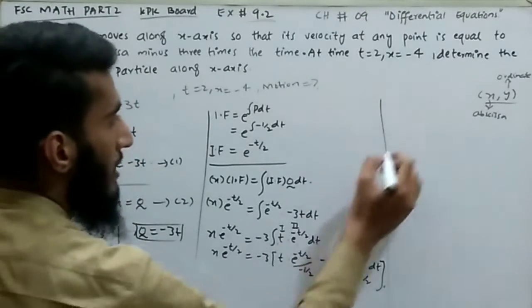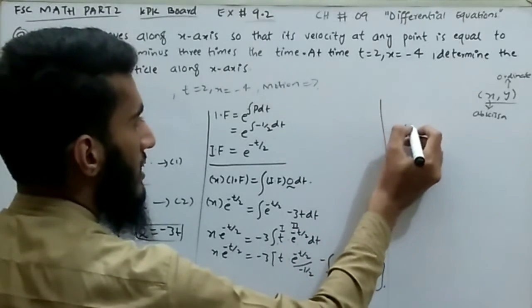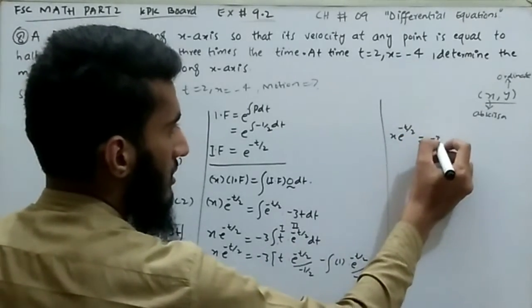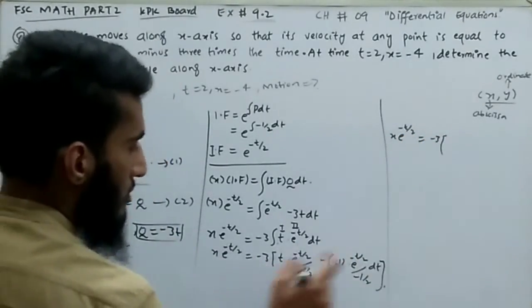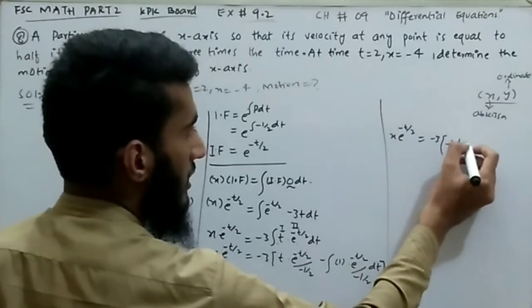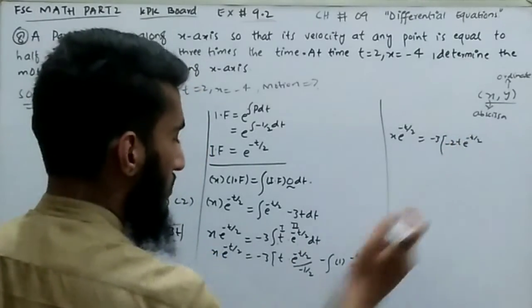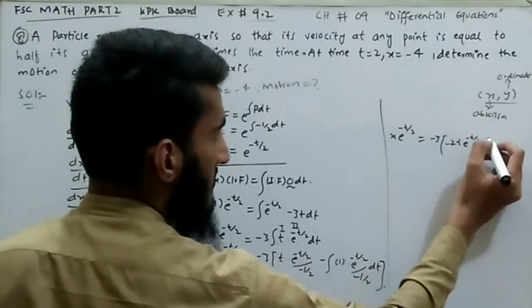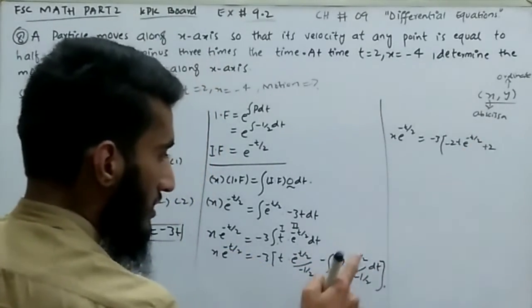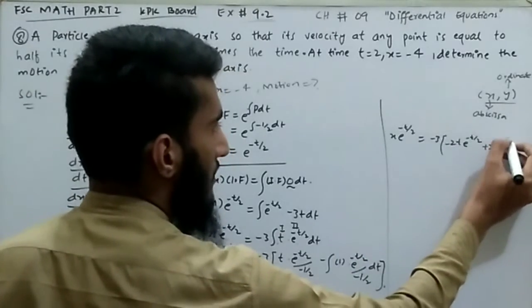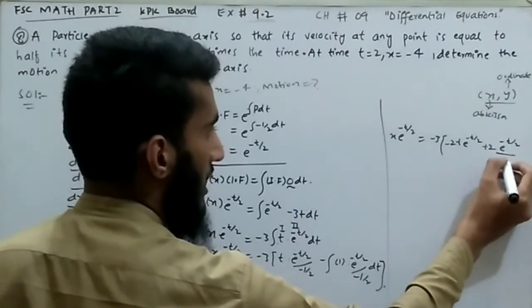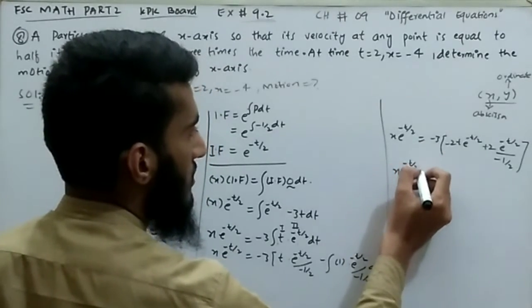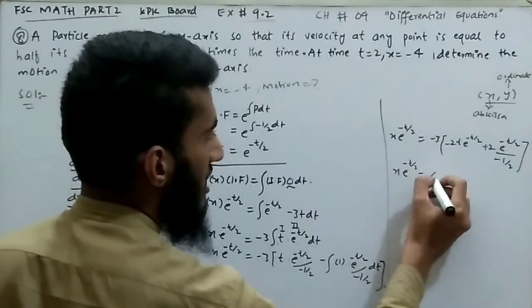Now further simplify it becomes x into e power minus t by 2, which is equal to minus 3 into minus 2t into e power minus t by 2, minus gives us plus 2. So plus 2 integration of e power minus t by 2 over minus 1 over 2.